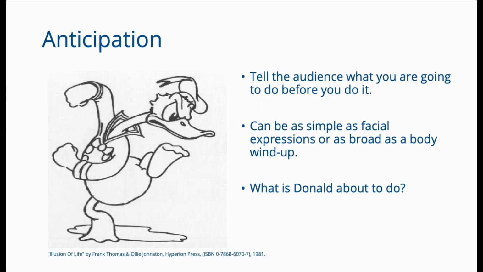And the next principle is anticipation. Anticipation is telling the audience something is going to happen before it actually happens. And the way this is conveyed is using various cues in the drawing. For example, look at Donald here. Everybody can look at Donald in the sketch and say what he is going to do.